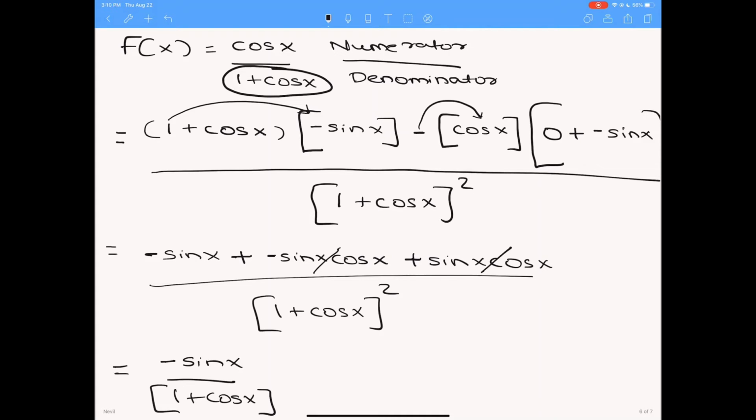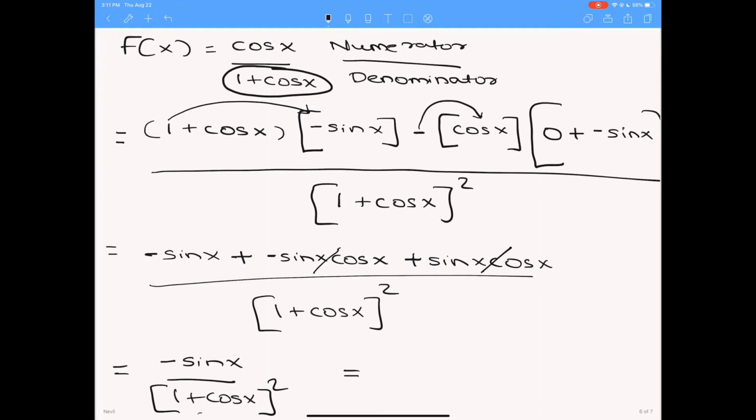For these types of problems, you don't really need to expand the denominator just because you don't have anything else to add, subtract, or simplify from the numerator or denominator. So basically you could keep this as your answer.